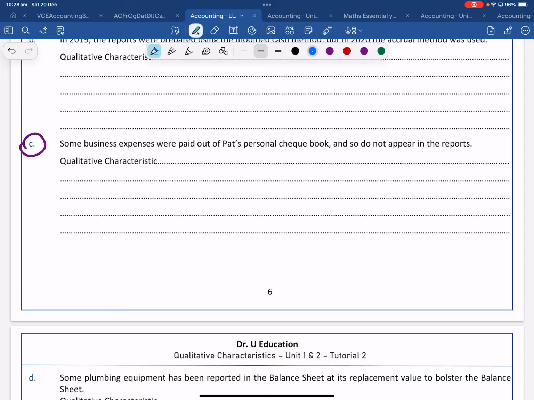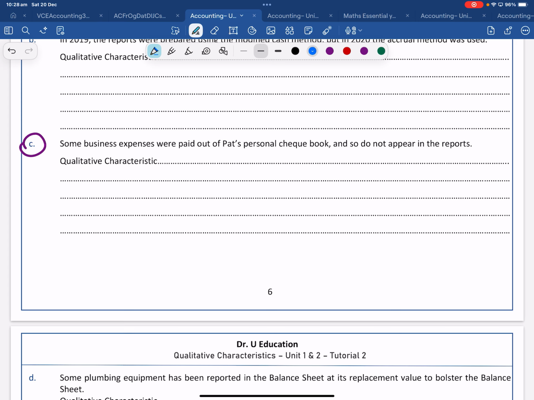Accounting entity, because it's personal. Then what characteristic is related to the entity assumption? Relevance. So basically, not faithful, relevance.